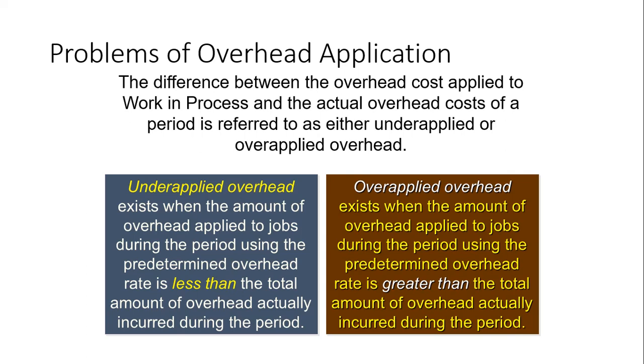So if your actual overhead is, let's say, 20,000, and your budgeted overhead on the credit side is 15,000, you are underapplied because you estimated your overhead at 15,000 and your actual overhead is 20,000. So you need to put underapplied on the credit side.